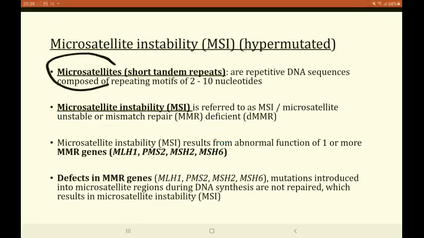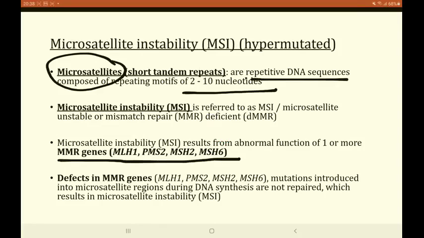Microsatellites are small repetitive DNA sequences of 2 to 10 nucleotides. These microsatellites need the mismatch repair genes, which are MLH1, PMS2, MSH2, and MSH6. These mismatch repair genes repair the microsatellite areas.